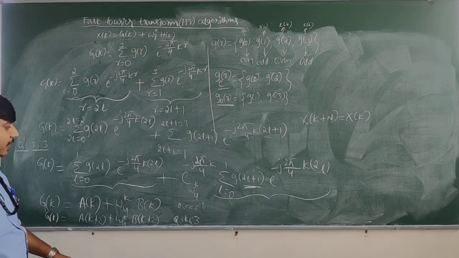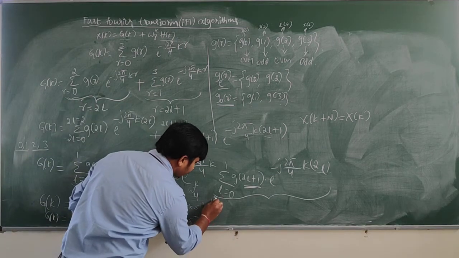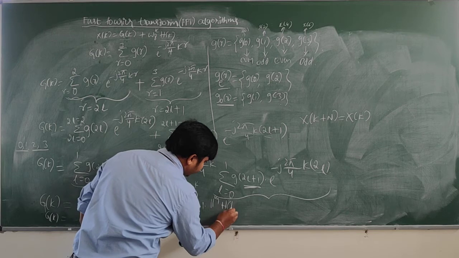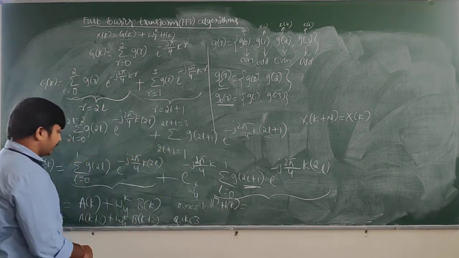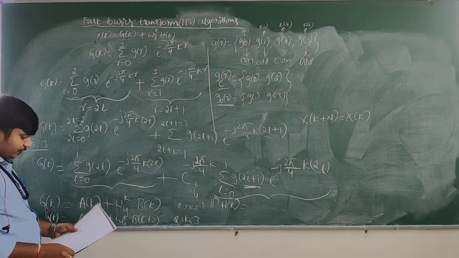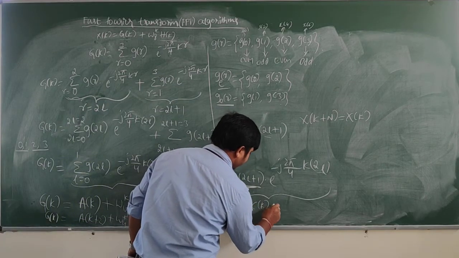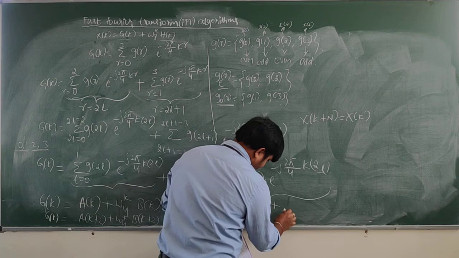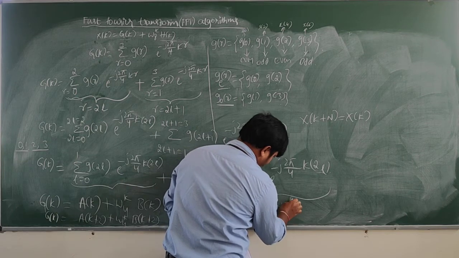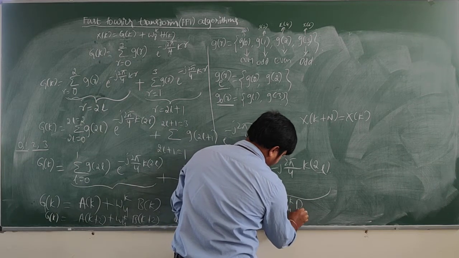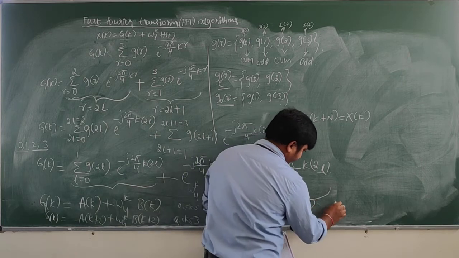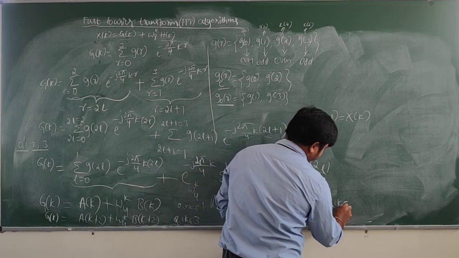Similarly, I can write h of k is equal to c of k plus w 4 power k into d of k for k varies from 0 to 1.